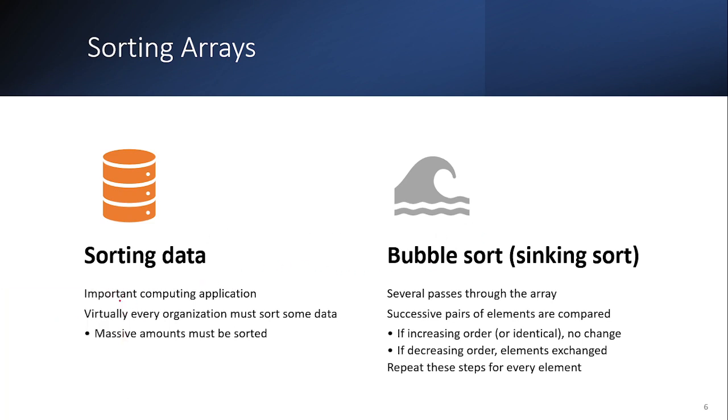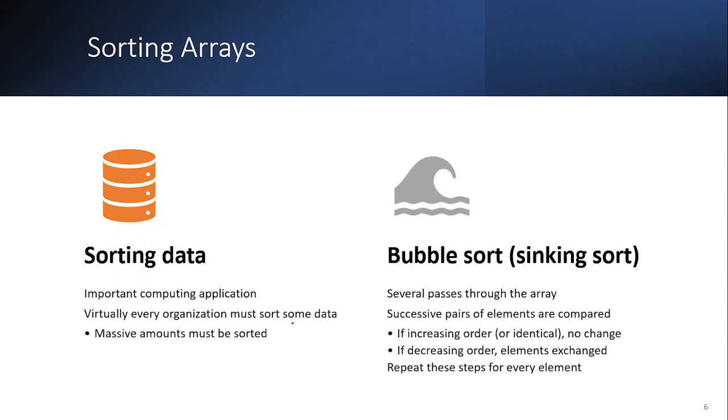Sorting is very important for computing. Virtually every organization must sort some data. If we have to compile your merit list, we need to sort your GPAs. If we need to find out the seniority list of the employees of an organization, that also involves sorting.